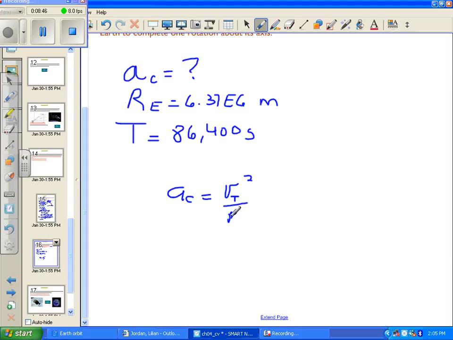Here the radius would be the radius of the Earth, the radius of rotation.